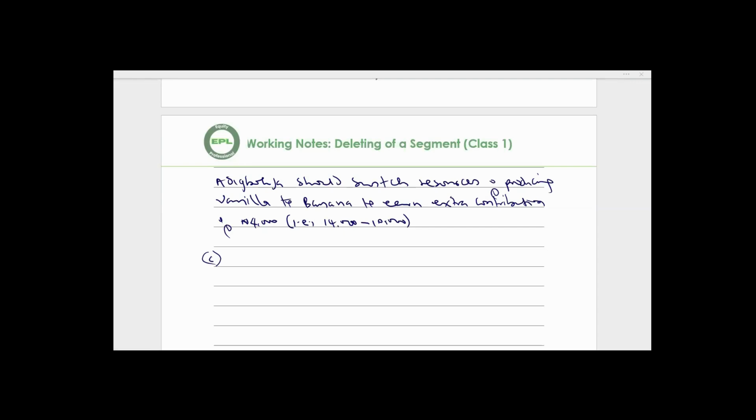Some of these factors include, number one, and remember what I told you: when you are stating your assumption, you have to link it to the question.